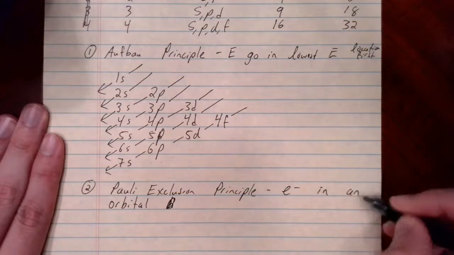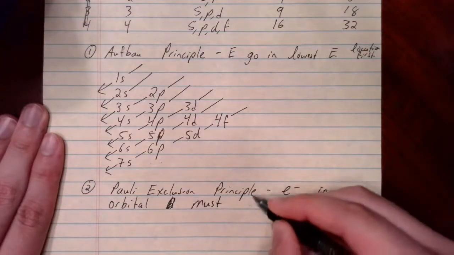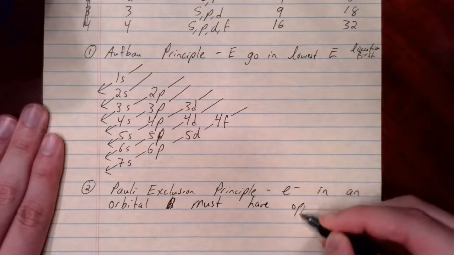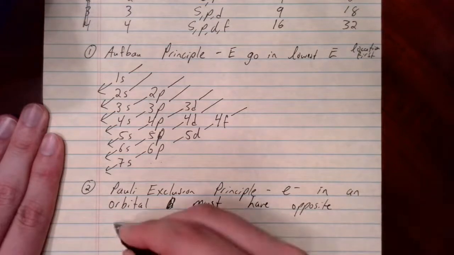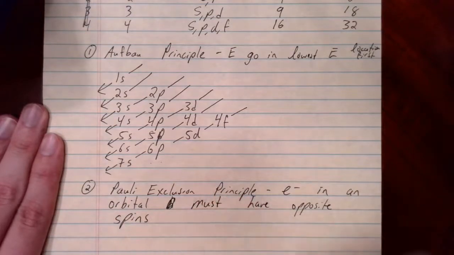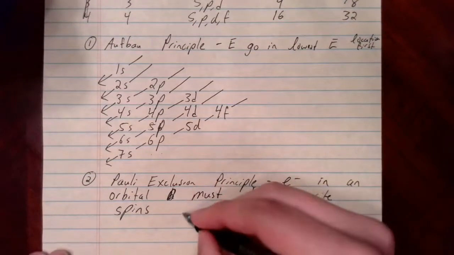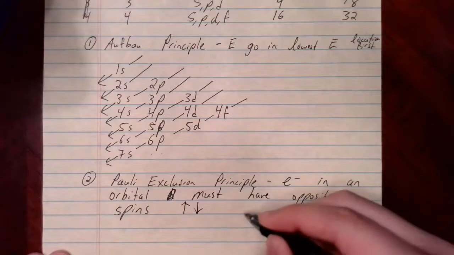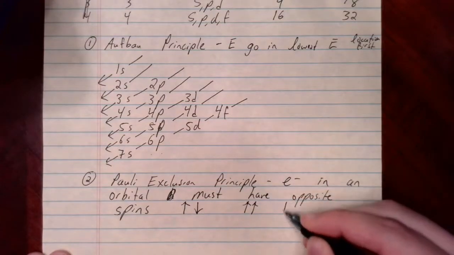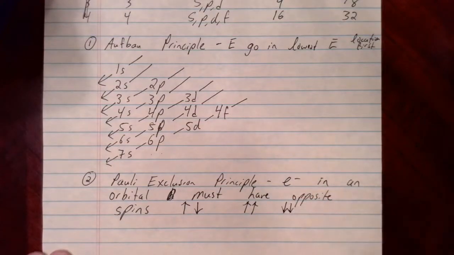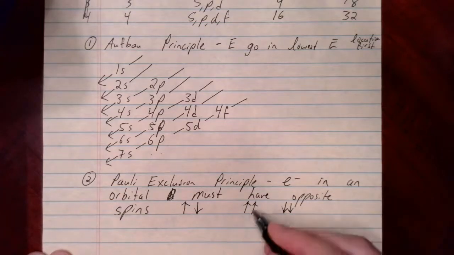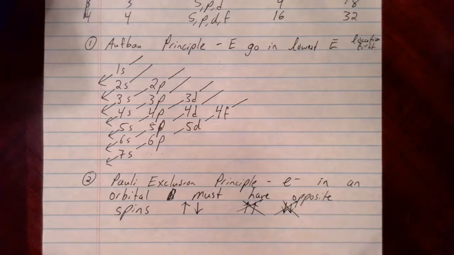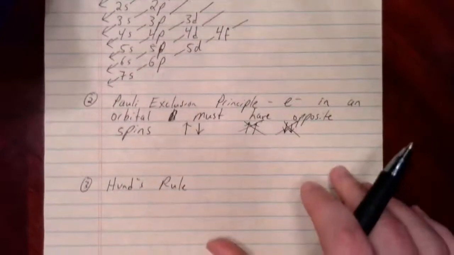Okay? So if one electron spins upward, the other electron must spin downward. You can't have 2 ups, you can't have 2 downs. You can have 1 up or 1 down, but you can't have 2 that are matched. Okay, so electrons must have opposite spins.